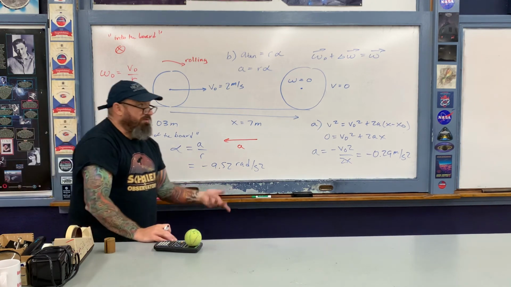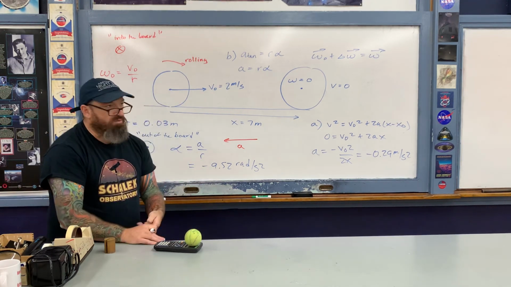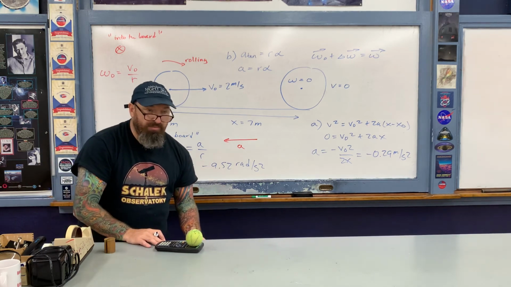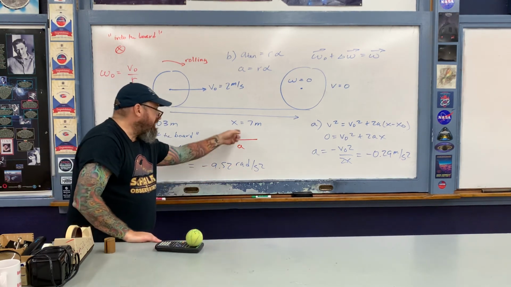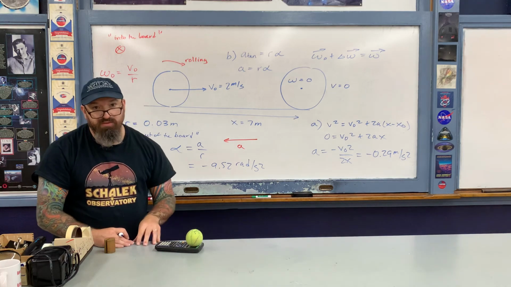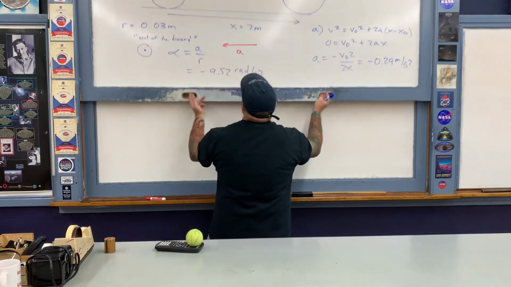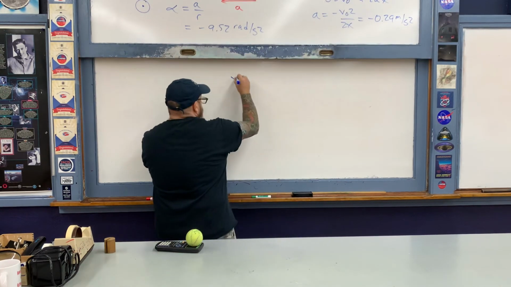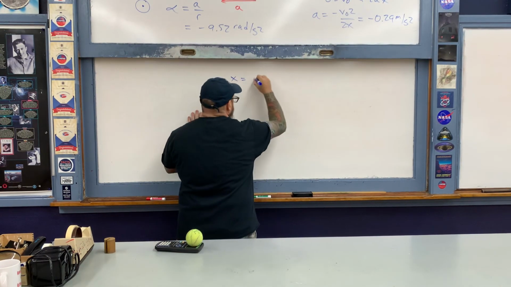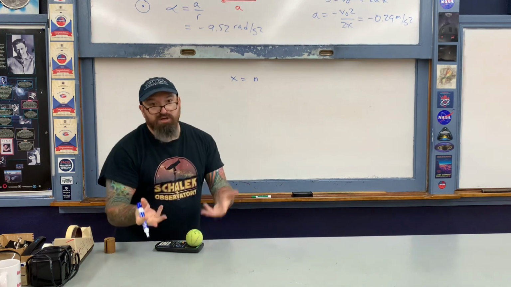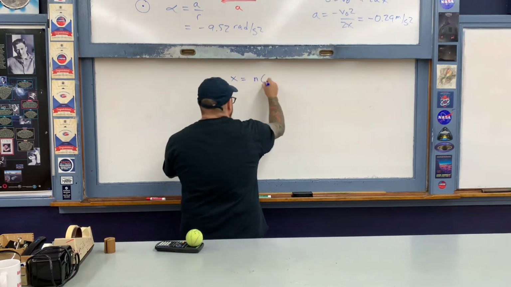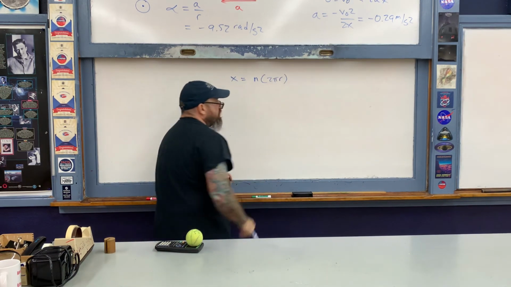Lastly, it says how many rotations were made. There's a couple of different ways, once again, to solve part C of the problem. The easiest way to do it, however, is just take the distance here of 7 meters that we were given and think of the distance x as some multiple, we'll call it n, of circumferences, where the circumference is 2 pi r.